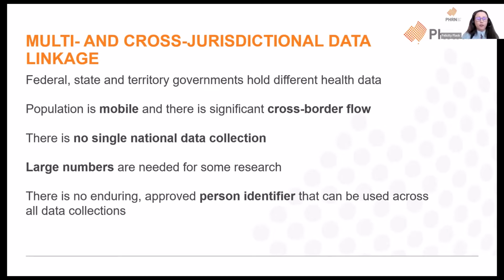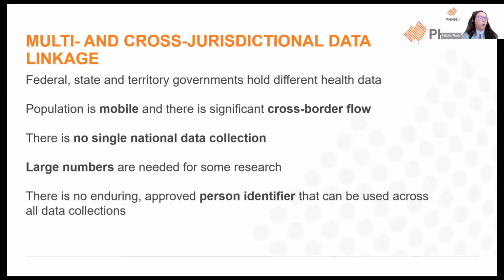And it's important in Australia because our population is mobile. There's significant movement of people across borders and people use services across borders. If you think particularly of highly populated borders, for example, the New South Wales-Queensland border, people are moving across all the time and using different services.